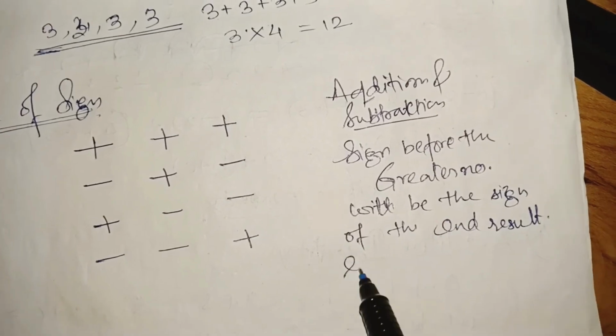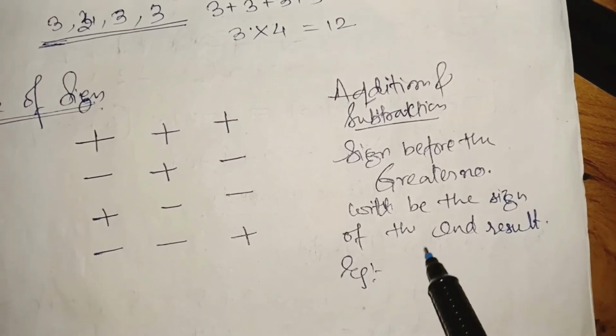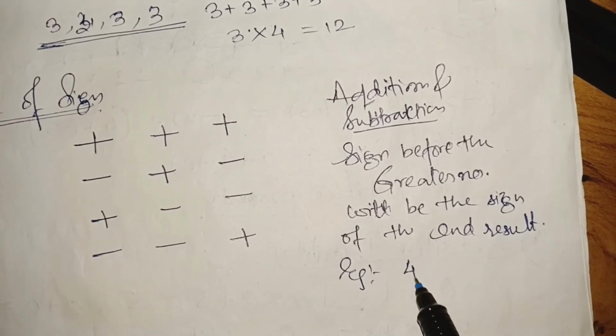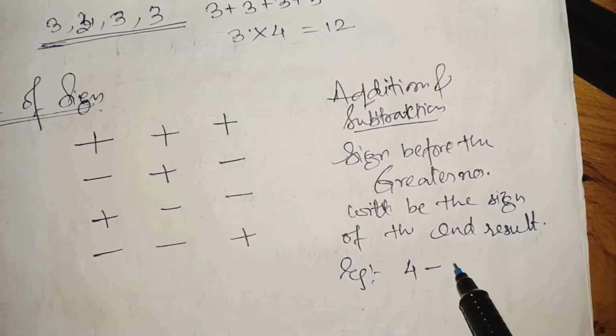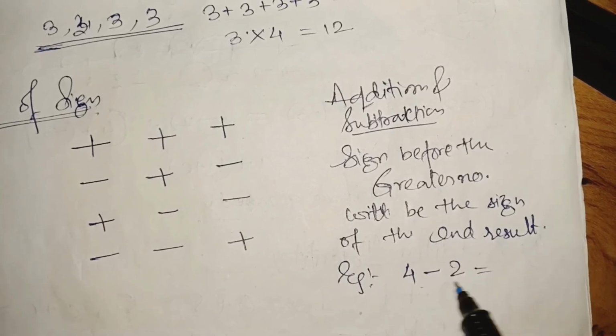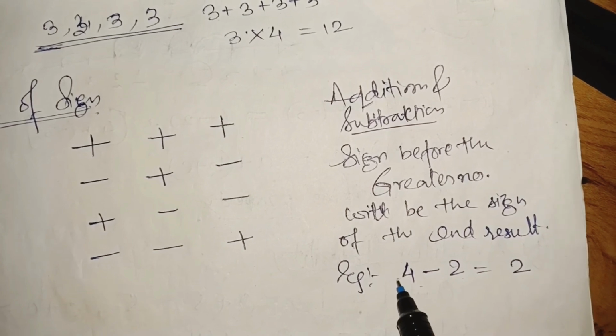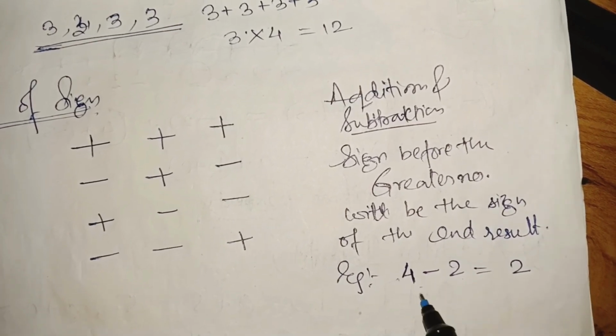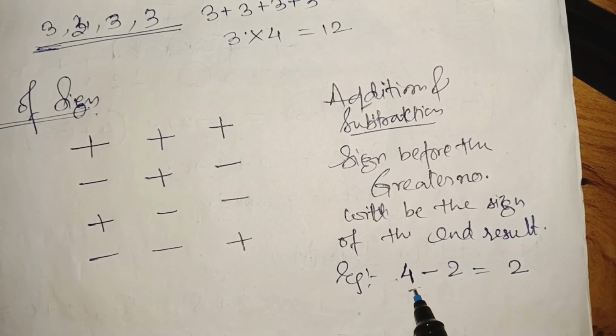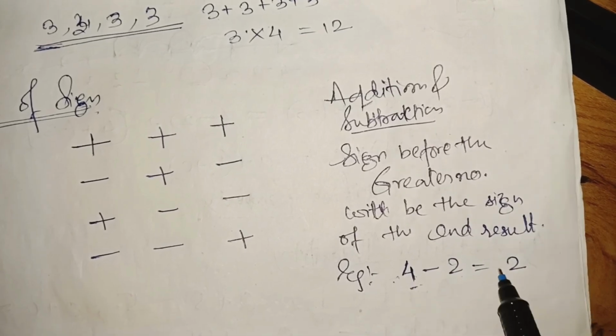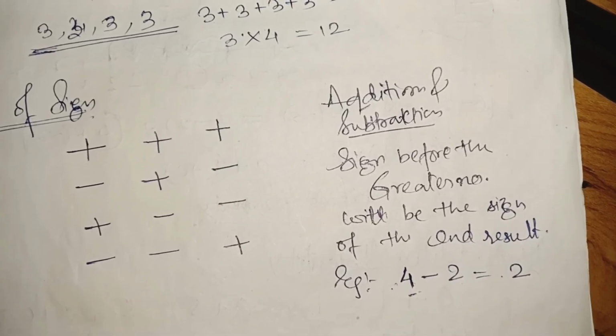Say for example, if we have 4 minus 2, what is the result? 4 minus 2 is 2. And if we do not have any sign, that means it is a positive number, right? So what is the sign before the greater number? Here 4 is greater, and what is the sign before it? It's plus. So for plus you don't need to write it.